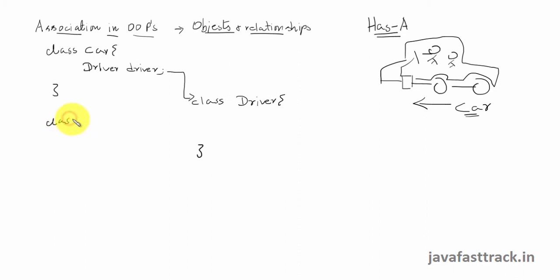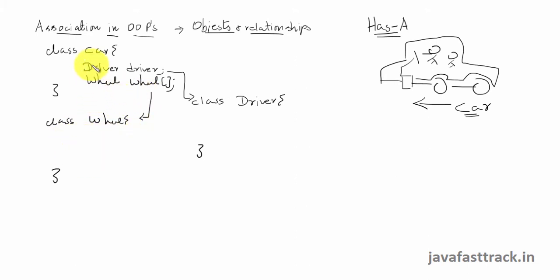Now I talk about the relationship of the car with the wheel. The car is associated with one driver as per this code. Now I say that the car is associated with not just one wheel, it's associated with a collection of wheels. The car is associated with many wheels. This is also a unidirectional relationship because the relationship is known only from one end.